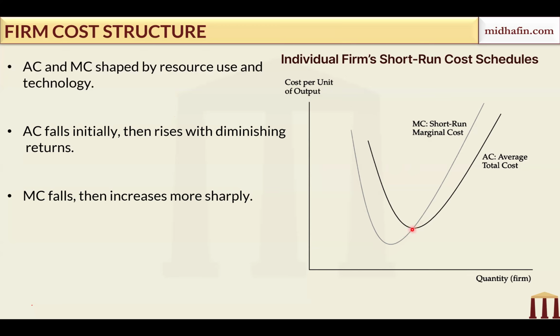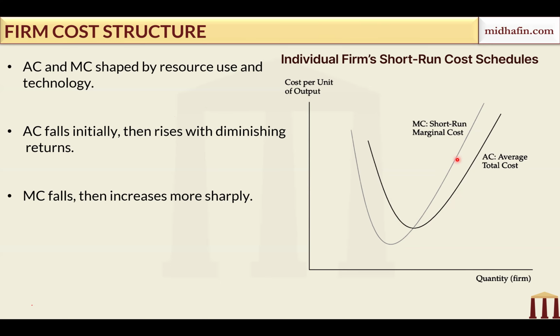So till this point, you can see average cost will continue to decrease even though marginal cost has started to increase. Okay, but since it is below average cost, the average cost is still decreasing, although slowly now. As soon as marginal cost crosses average cost at the midpoint of this curve, then the average cost also starts to increase, which makes a lot of sense. So same logic which we applied earlier.